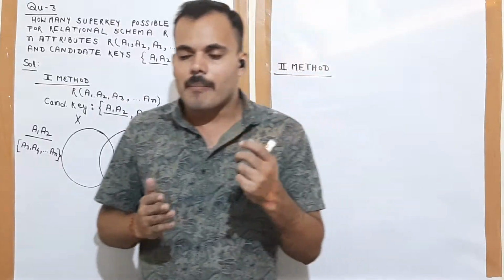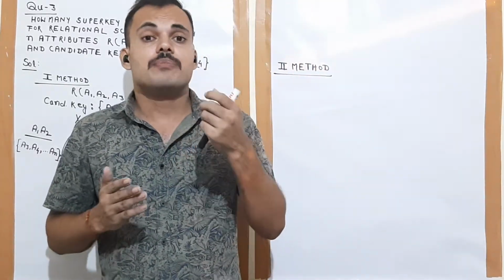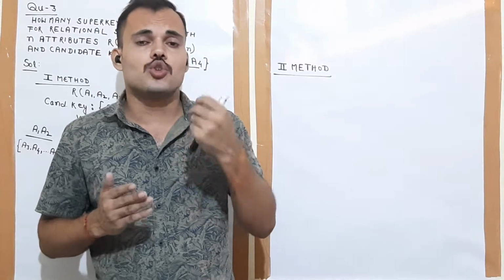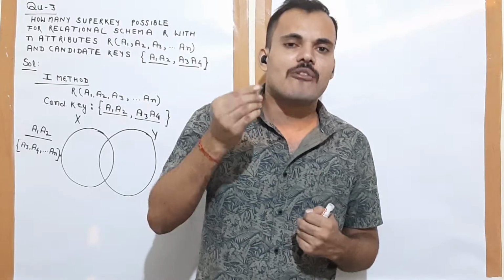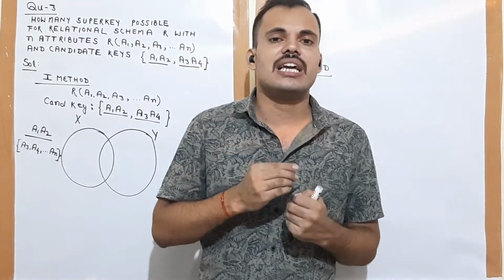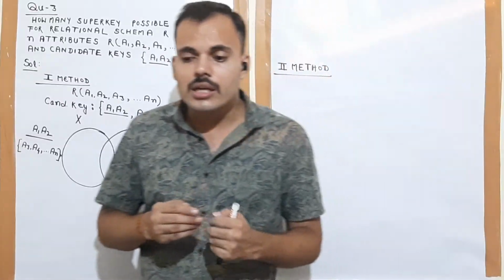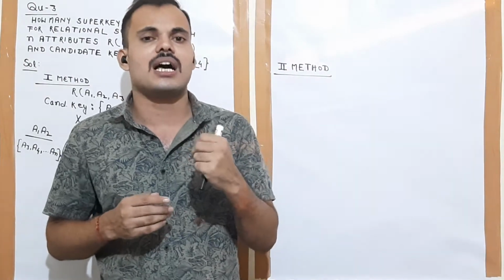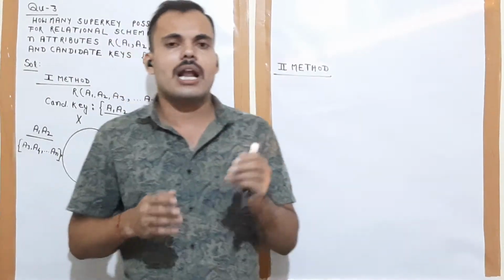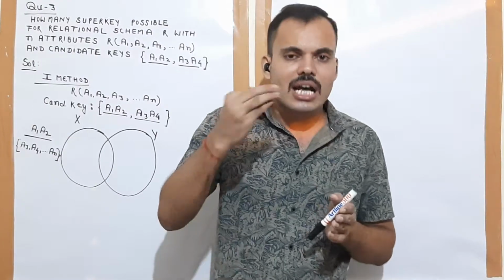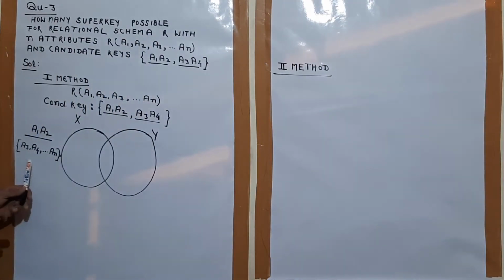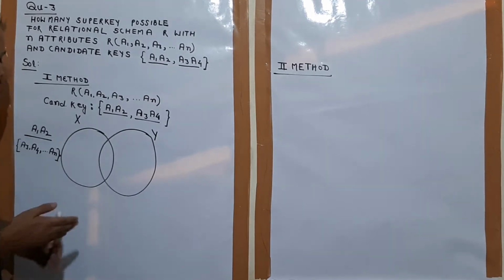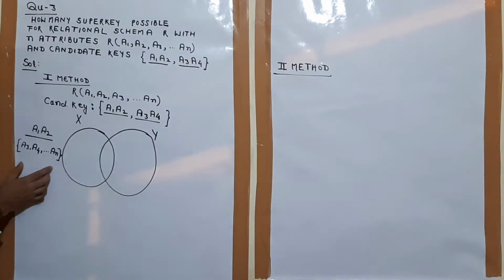I am repeating, the number of super keys possible over the candidate key A1, A2 is the number of subsets over a set containing the other attributes, A3, A4 to An. Now, how many subsets are possible of this set?